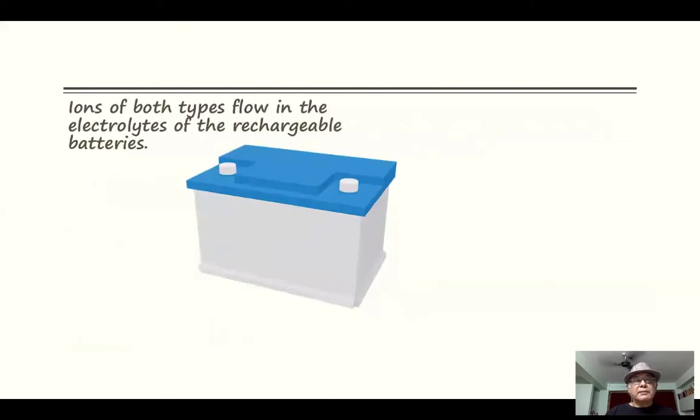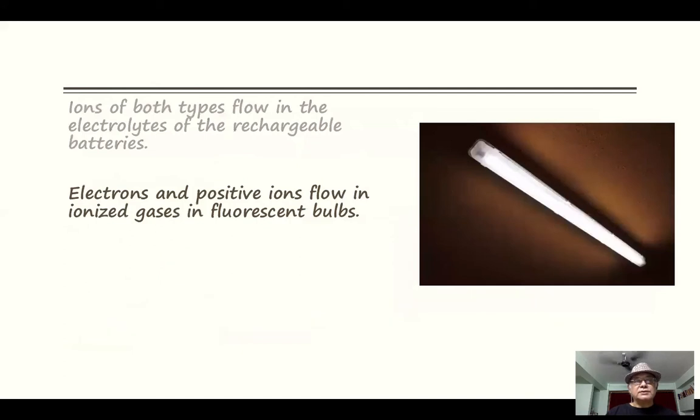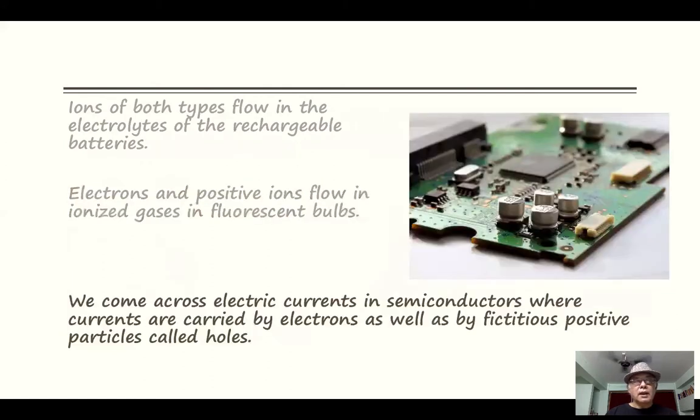Ions of both types flow in the electrolytes of the rechargeable batteries. Electrons and positive ions flow in ionized gases in fluorescent bulbs. We come across electric currents in semiconductors where currents are carried by electrons as well as by fictitious positive particles called holes.